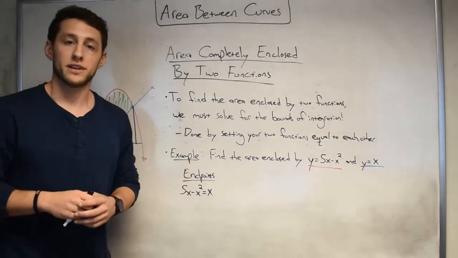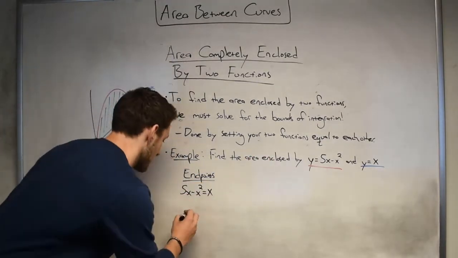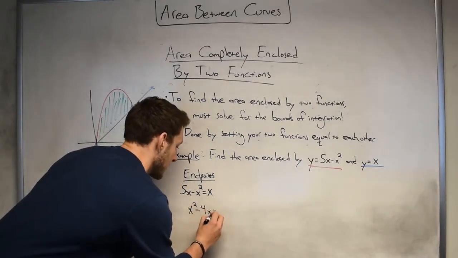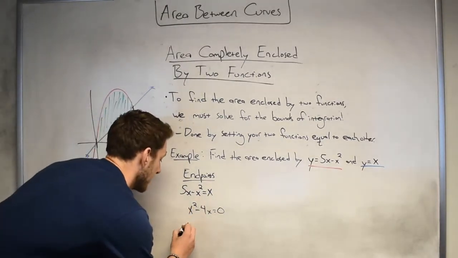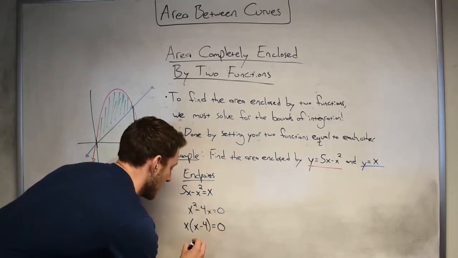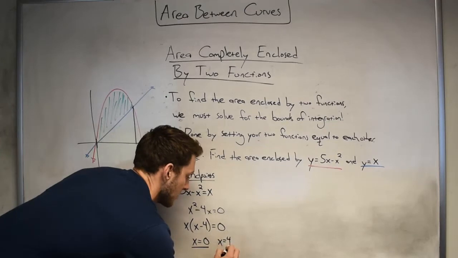From here, solve it out. I'm going to add these guys over this way to get a positive x squared term, giving me x squared minus 4x equals 0. From here, go ahead and factor out an x. x times x minus 4 equals 0, giving us ultimately x equals 0 and x equals 4.